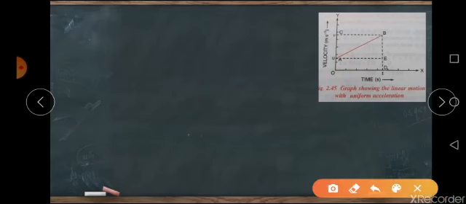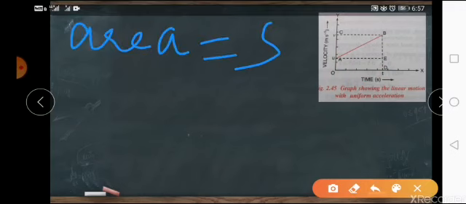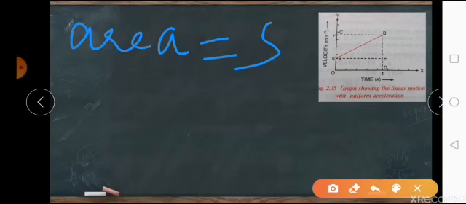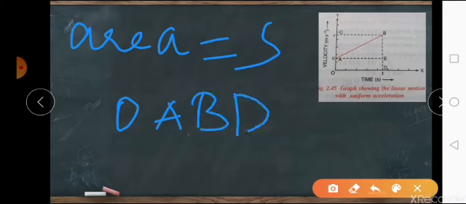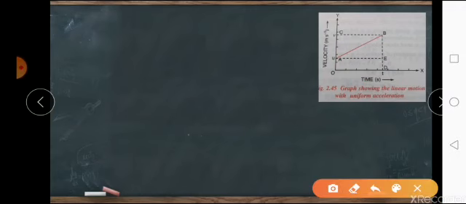So according to that equation, we are going to find the area, that is, area will give you the displacement S. Now area is equal to area of trapezium OABD.